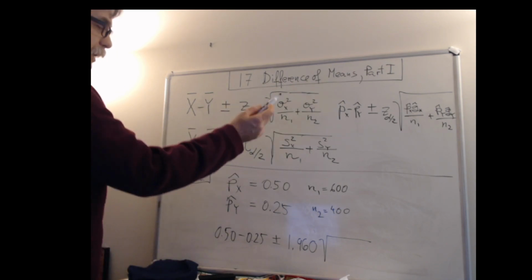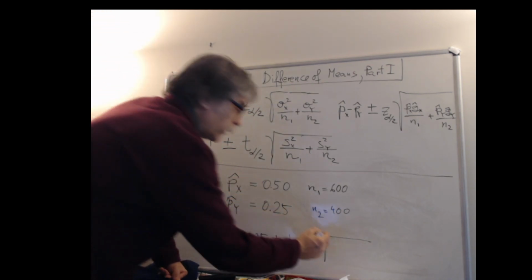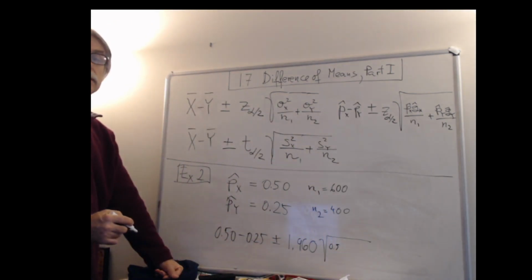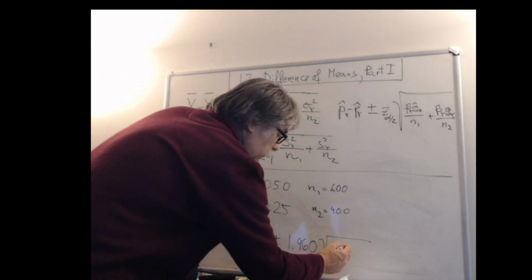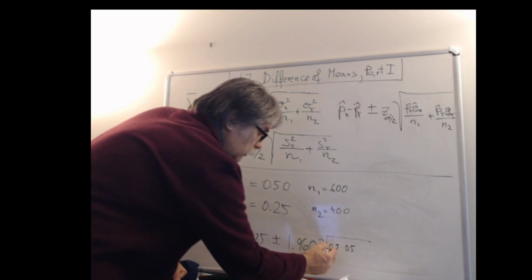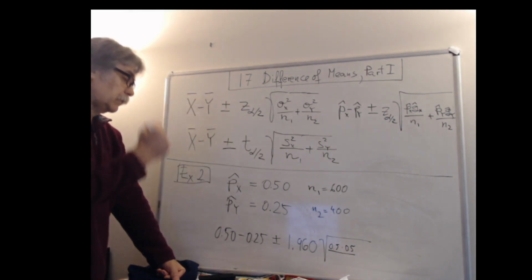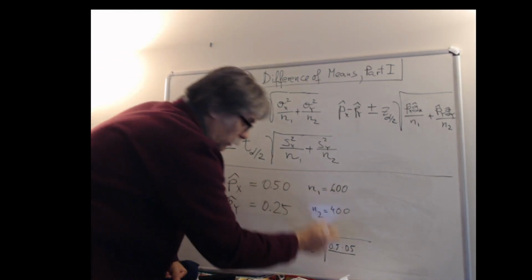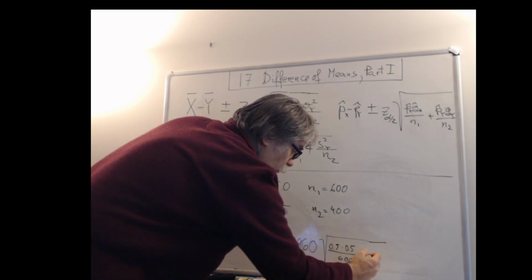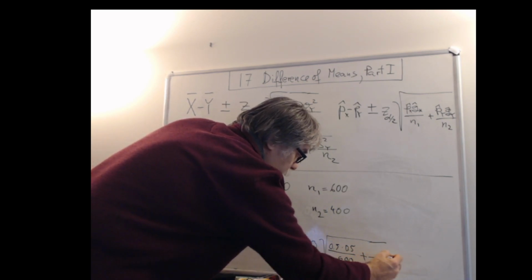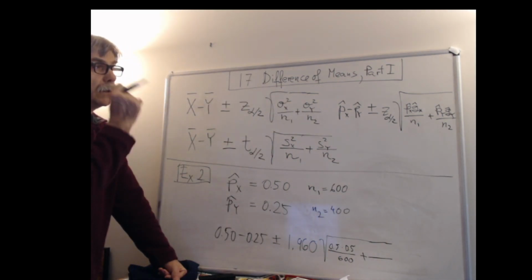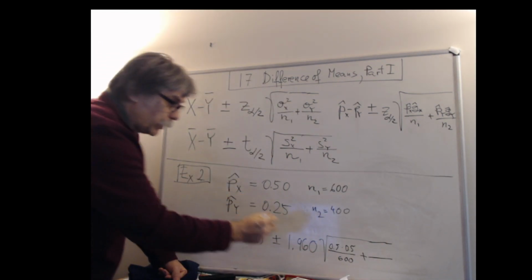So we have a PX, which is 0.5. QX is a complementary value, which is also 0.5, 50-50, right? Divided with N1, which is 600. And the more we have to do, PY, 0.25.